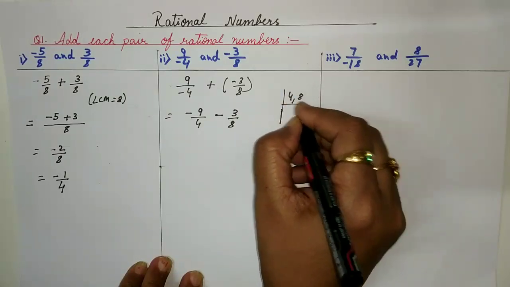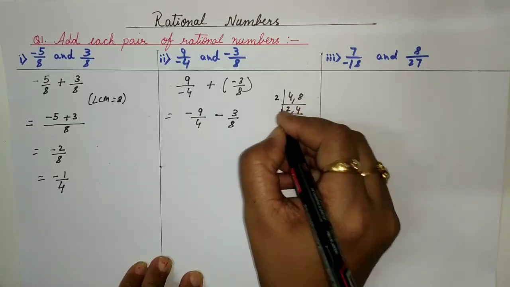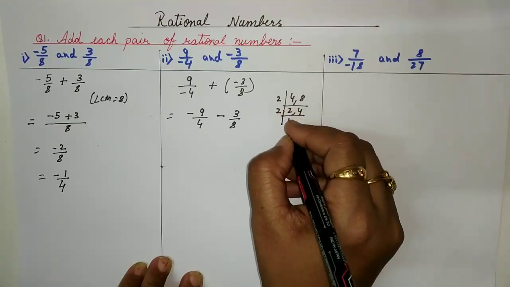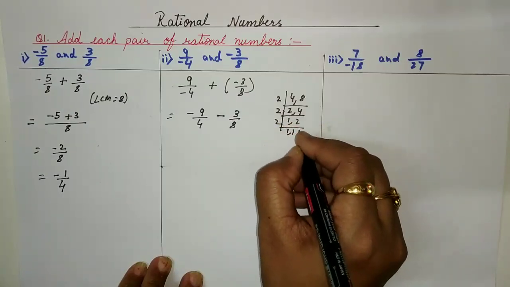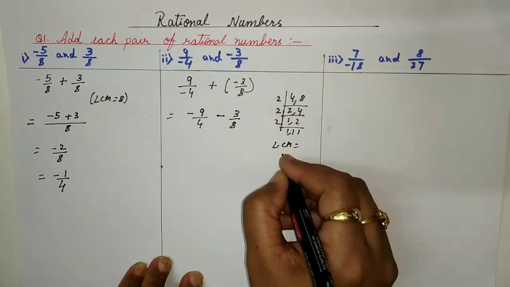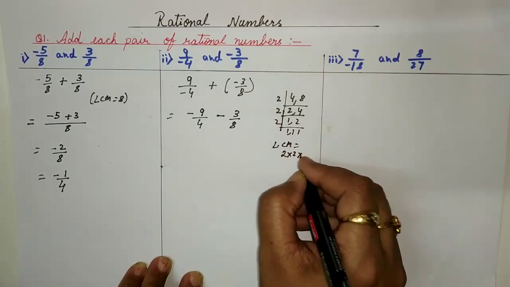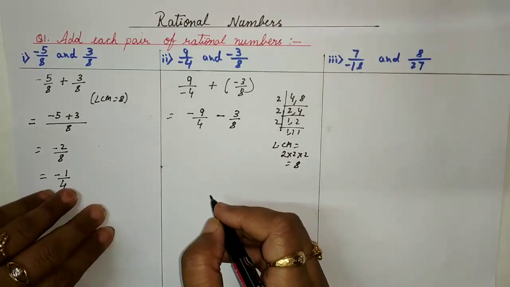So you know how to go. 2 and 4 and 2, then 1 and 2, then 2, it becomes 1. So the LCM is equal to 2 into 2 into 2. That is equal to 8.